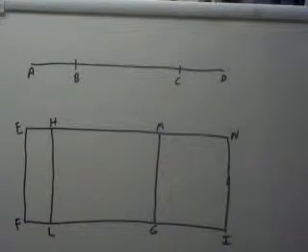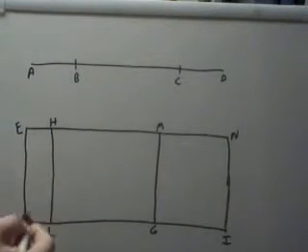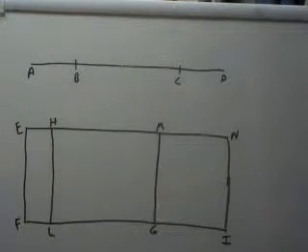Okay? And that's by Euclid Book 2, proposition number 7. Now, that square on AB, being a remainder, has the same amount of area as EL. Okay? This area here is the same as the area of the square of AB. Therefore, AB is the side of EL.